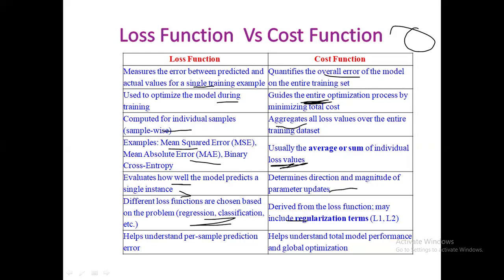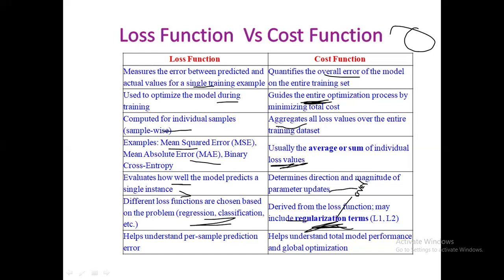In contrast, the cost is usually derived from the chosen loss function, but may also include extra components such as regularization. We have seen this in the previous lectures; regularization is mainly used to prevent overfitting.